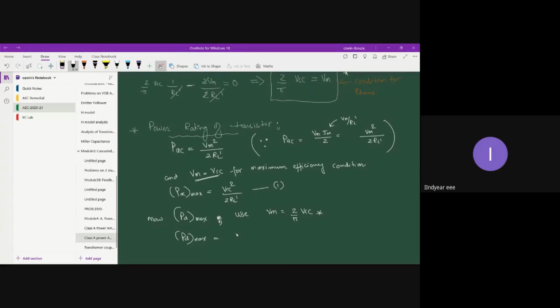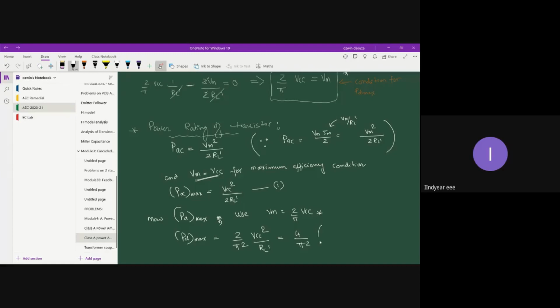in place of Vm, yeah, so it is (2 by pi) square into VCC square divided by RL dash. Okay, so you can take this term outside so that you will get a previously known result: VCC square, I'll divide by 2.